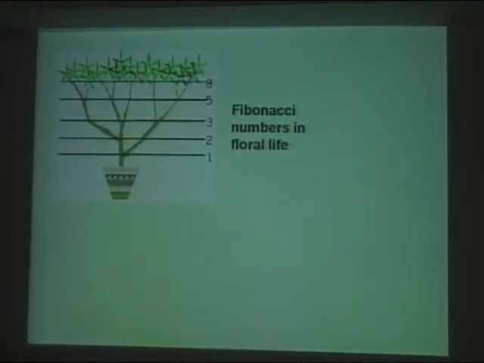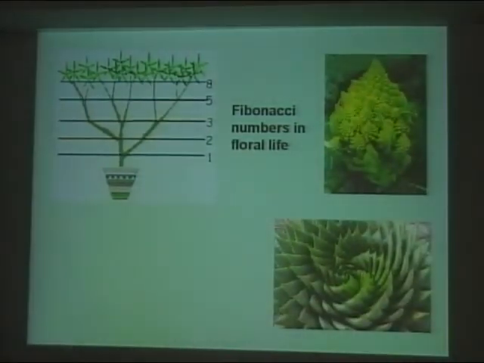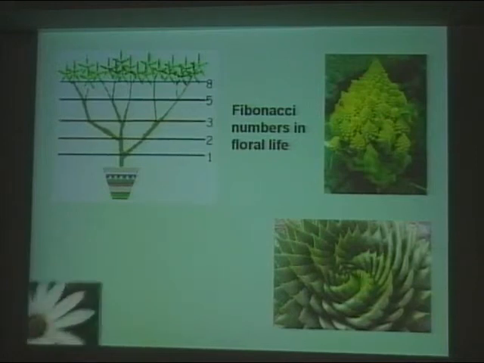The Fibonacci sequence. So plants branch according to the Fibonacci sequence. It is in nature. And plants like these, which have a spiral construction, their spirals are golden spirals. That is to say, you could plot them onto the golden rectangle.